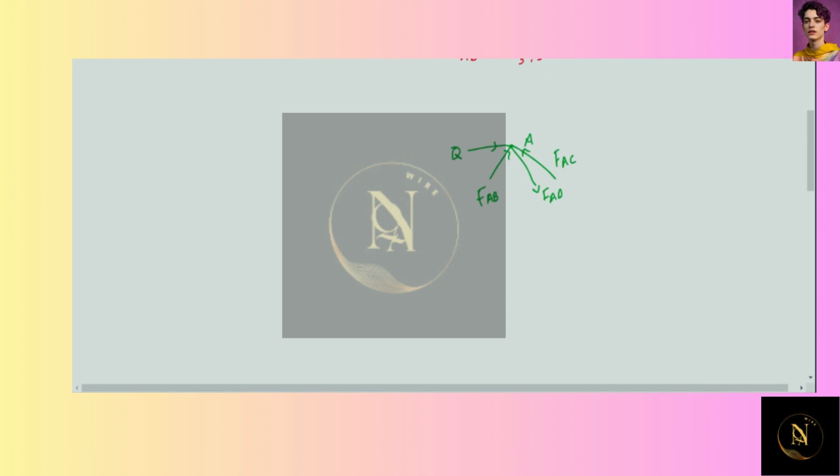Let's denote the directions also. Like this is the y axis, this will be the x axis, and this will be the z axis.